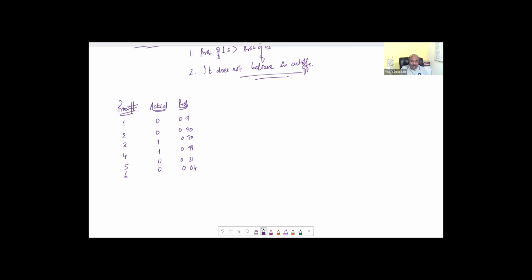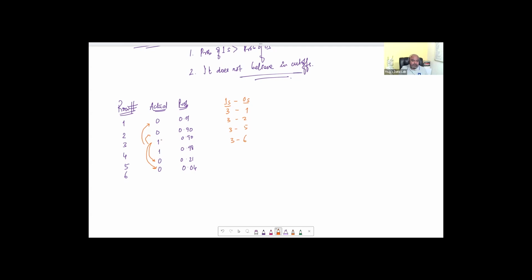Now when concordance starts working, what it does is it first creates the pairs of ones and zeros. So let's write here ones and write here zeros. The pairs that are going to be created are row number 3 with row number 1, 3 with 2, then 3 with 5 and 3 with 6.